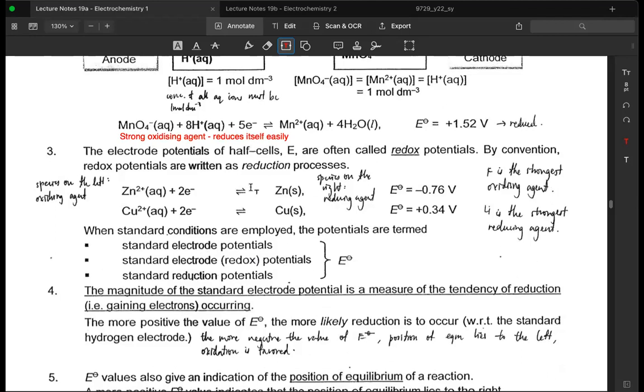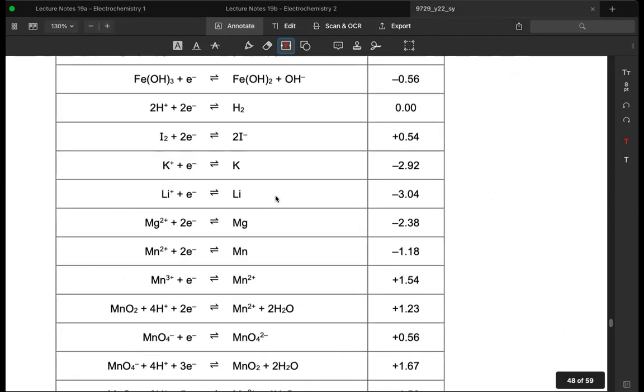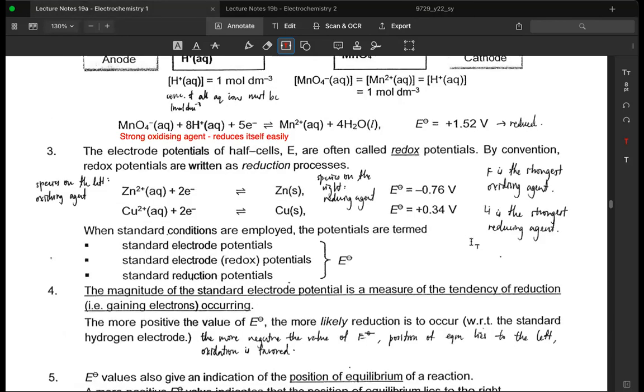So you can also infer that fluorine is the strongest oxidizing agent because it has the highest standard electrode potential, while lithium is the strongest reducing agent. Okay, lithium here, you see, minus 3.04, so it's the strongest reducing agent because it oxidizes itself more easily.